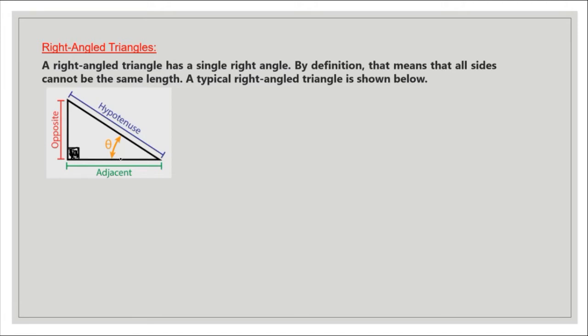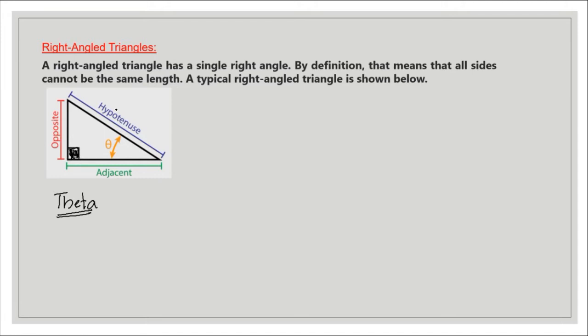Here one of the acute angles is named as theta. It should be pronounced like this, theta. With respect to this angle theta, the side which is adjacent will be the adjacent side and the side which is opposite will be the opposite side. And we all have learned the longest side in a right-angled triangle is the hypotenuse.